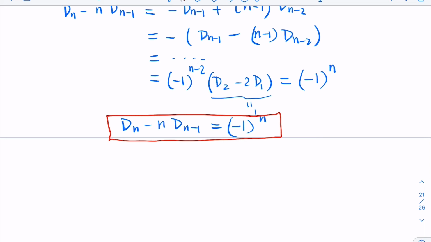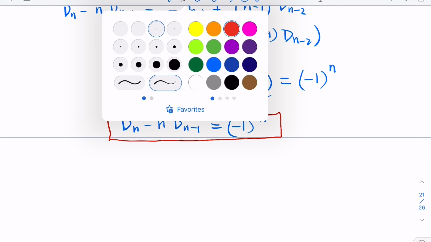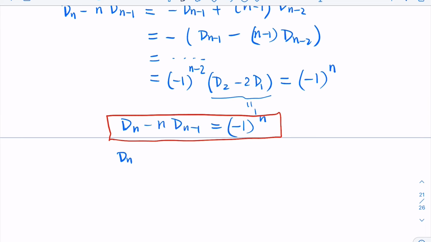So what we do here is try to use telescoping, by dividing by n factorial on both sides. So we have d_n over n factorial, and here n d_{n-1} over n factorial, this cancels and becomes d_{n-1} over n minus 1 factorial. So let's erase that.